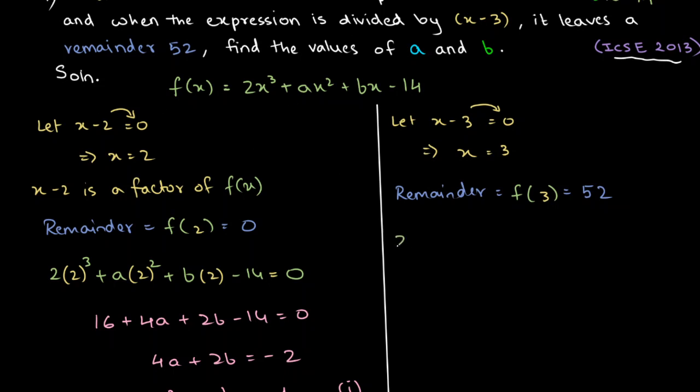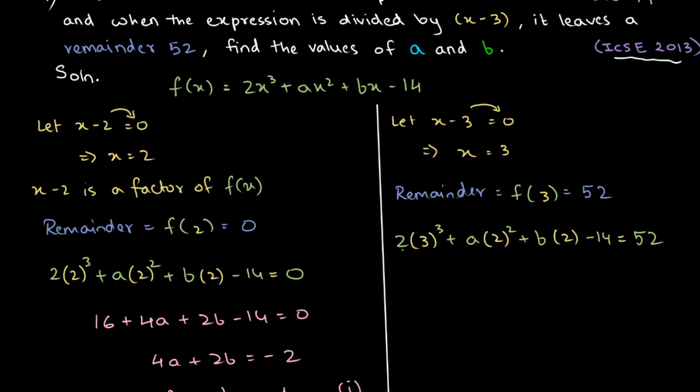It's going to become 2 into 3 cubed plus a into 2 squared plus b into 2 minus 14, and this entire value is equal to 52, right?